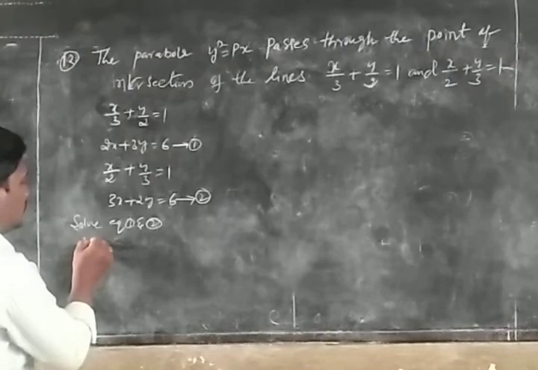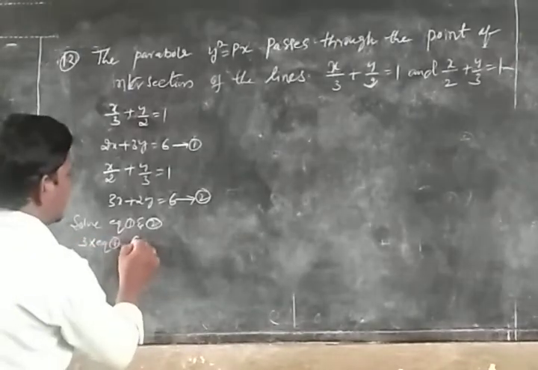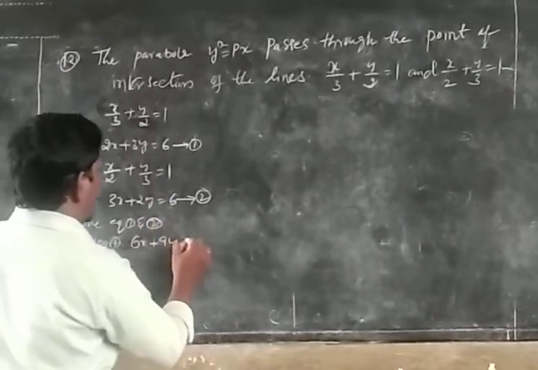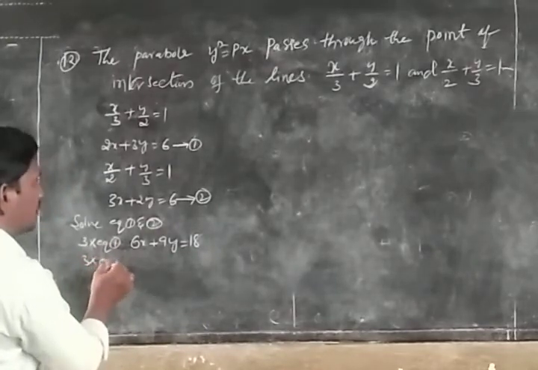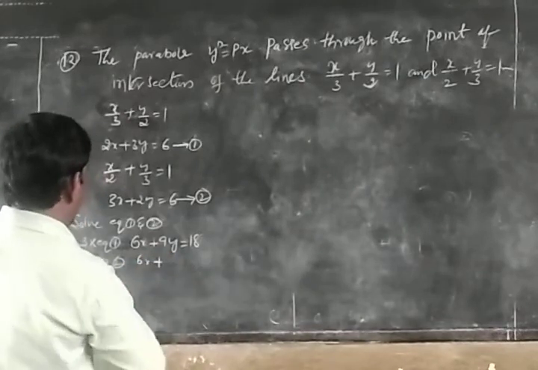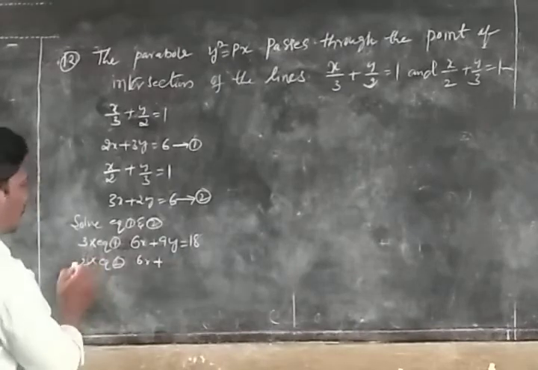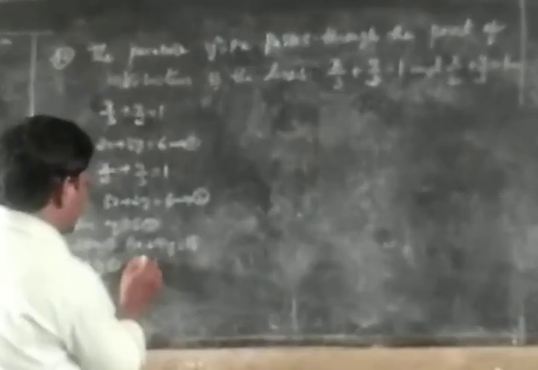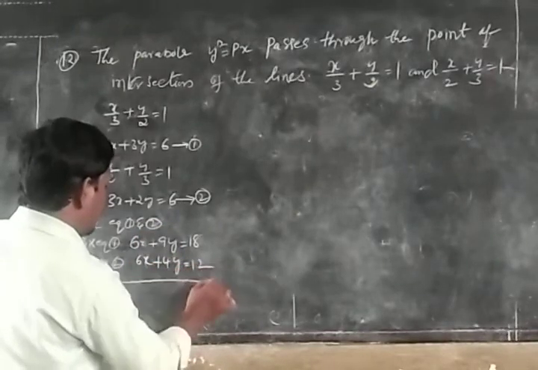Now 3 into equation 1, that means 6x plus 9y equal to 18, and 2 into equation 2, 6x plus 4y equal to 12.